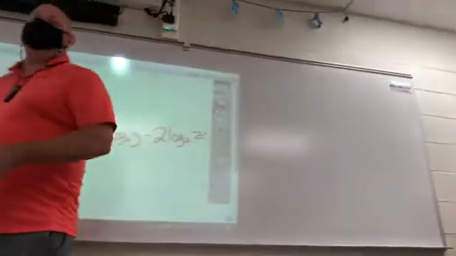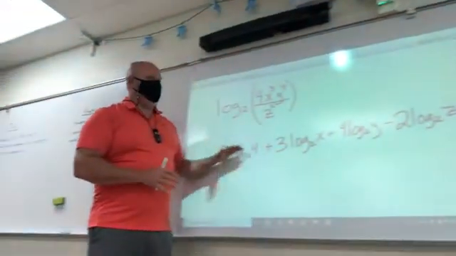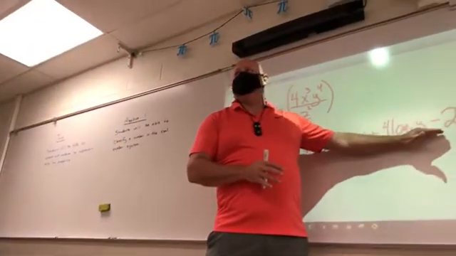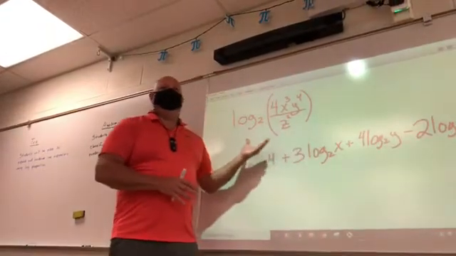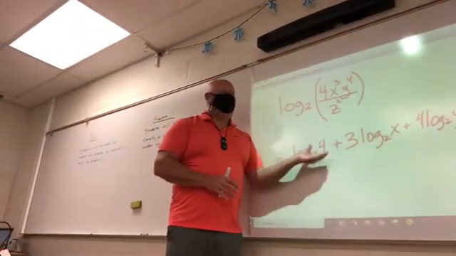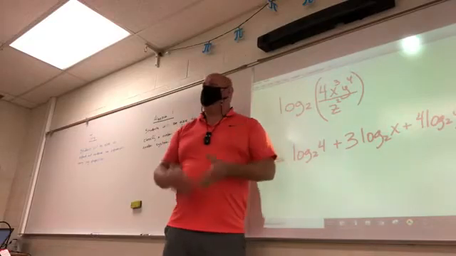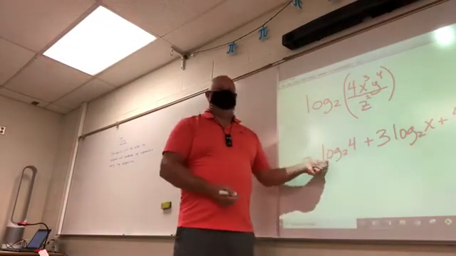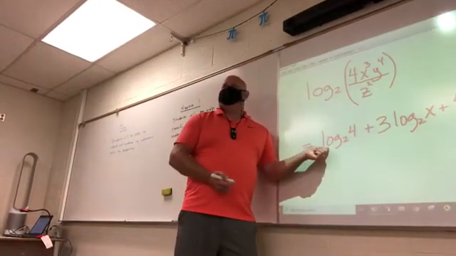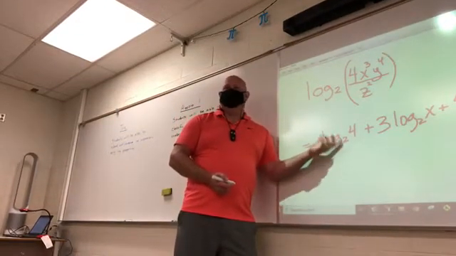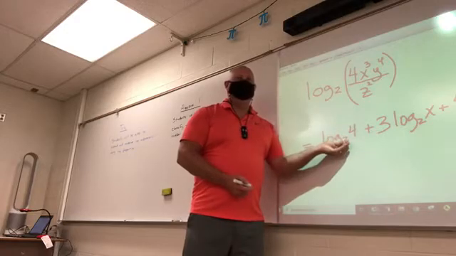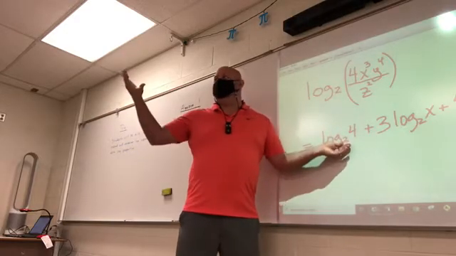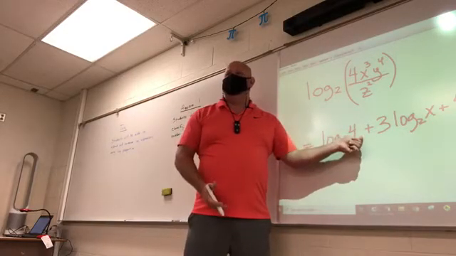So now that we've taken this big logarithm and we've expanded it into a bunch of little ones, well, now they become easier to handle. I can simplify each one of them individually as I go if I need to throughout a problem. For example, I know what log base 2 of 4 is, because all this is saying is 2 to what power is equal to 4.